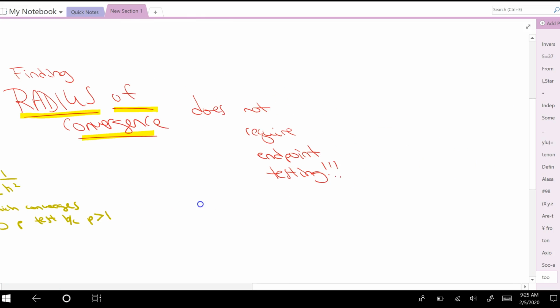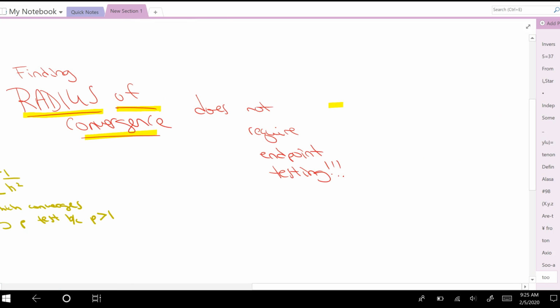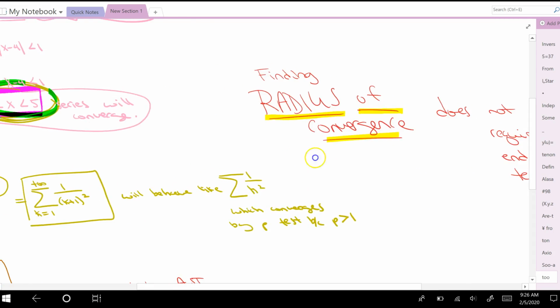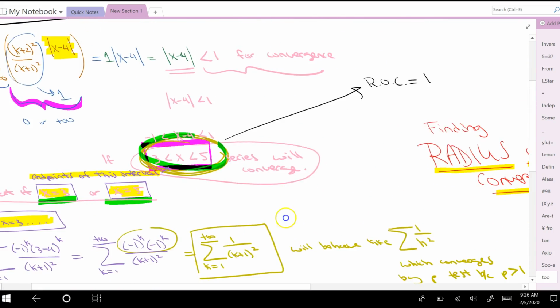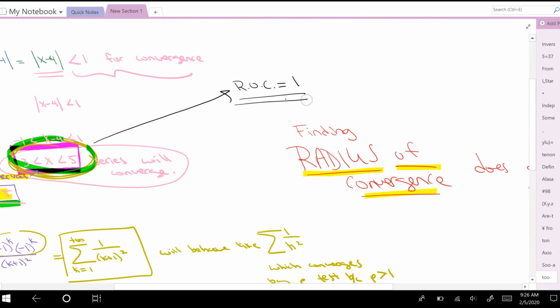The radius of convergence is just equal to half of the potential interval of convergence, irrespective of inclusion or not inclusion. So here, you would say the radius of convergence equals 1, because the entire distance is 3 to 5, which is 2, cut in half is 1. Even if the endpoints yielded divergence, the radius of convergence would still be equal to 1.